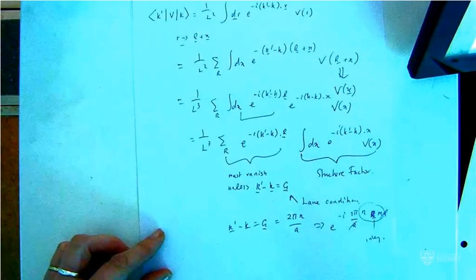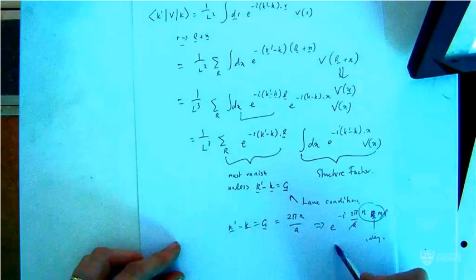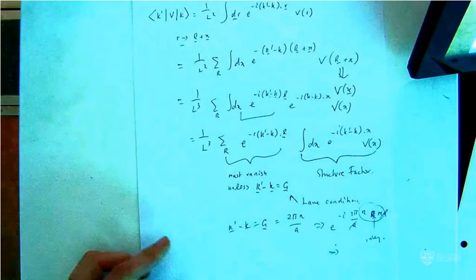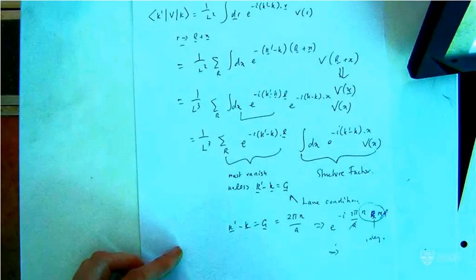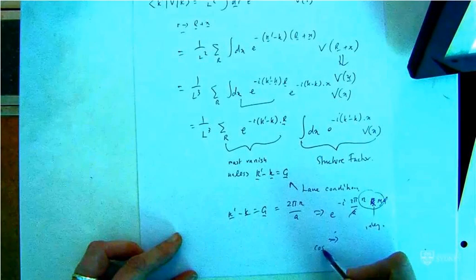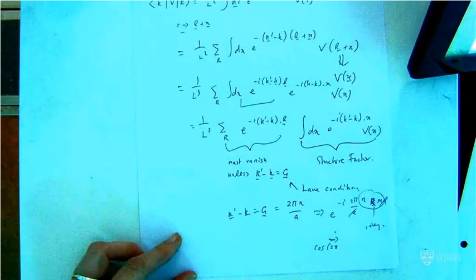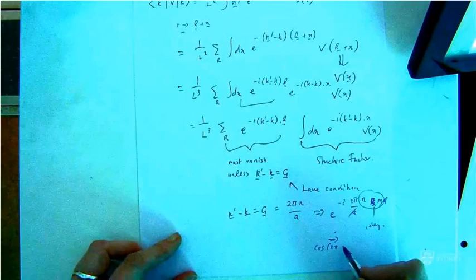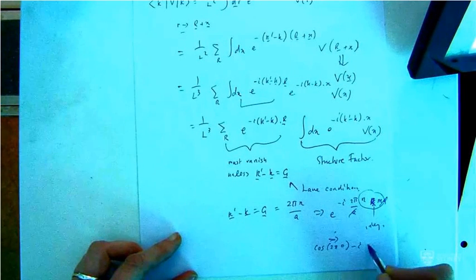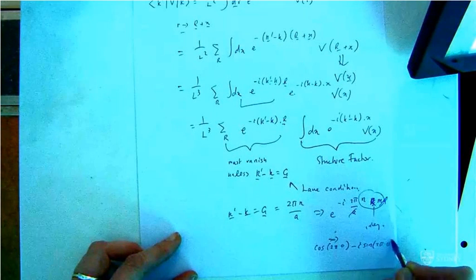So these will go out. This is just an integer. So basically the sine will go to 0, right? Because you'll have cos of 2 pi times some integer, let's call it O, minus i sine of 2 pi O, where O is an integer.